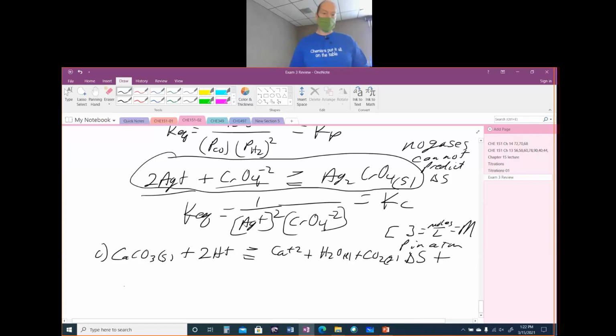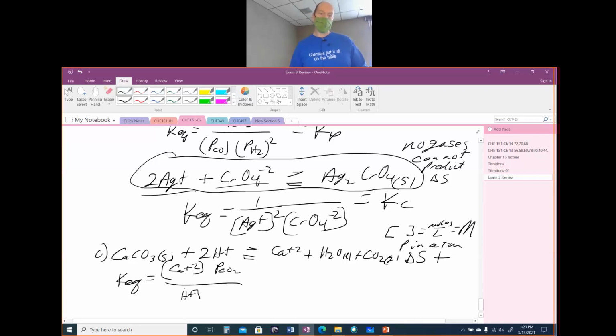But that's not the question. The question is to give the expression for Keq. So we have our products, Ca2+ concentration. Liquid water is not put in. Gas must be in pressure, so pressure of CO2, over H+ squared. Solids are not put in the expression for equilibrium.